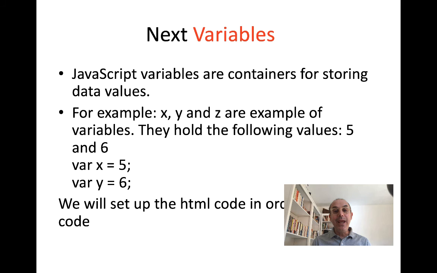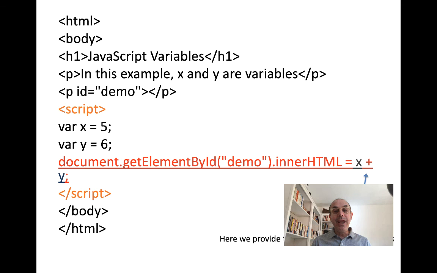X is equal to 5, Y is equal to 6, so we can set up an HTML code to run this code, and it will look like this. document.getElementById demo, and we are going to have innerHTML equal x plus y.